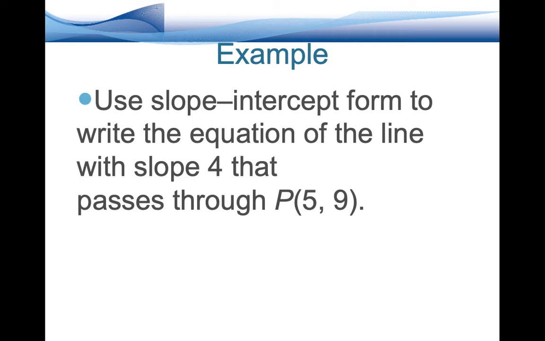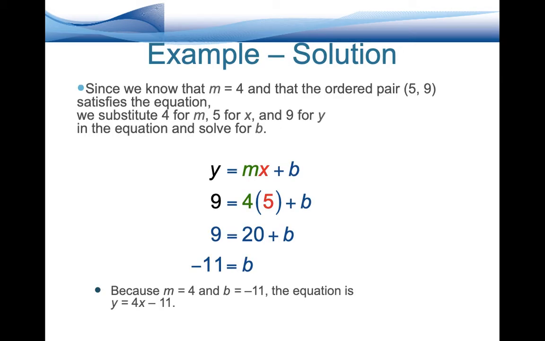So here's how you find the y-intercept. You're going to plug in 9 and 5 because those are the points. We know that m is the slope and the ordered pair is 5 and 9. When I plug in 5 for x, because that's an x, y coordinate, 5 and 9, I plug in the 5 for x and the 9 for y, the 4 for m.